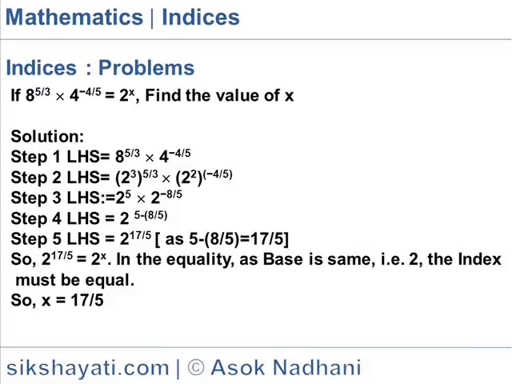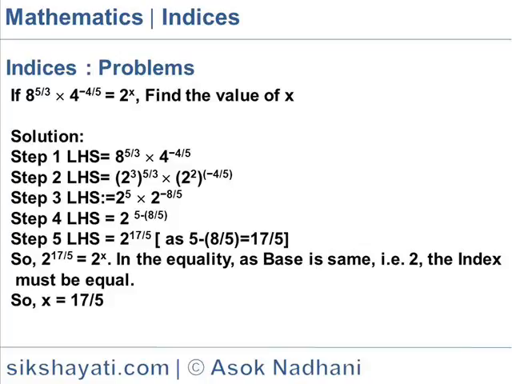So in step 3 you get the left hand side expression value as 2 to the power 3 into 5 by 3. So that makes 2 to the power 5. Similarly, the next part gives you 2 to the power 2 into minus 4 by 5. So that gives you 2 to the power minus 8 by 5. So from this you get in step 4 the value as 2 to the power 5 plus minus 8 by 5.